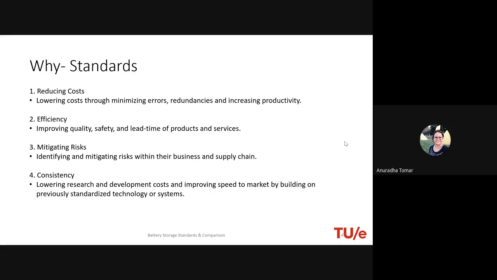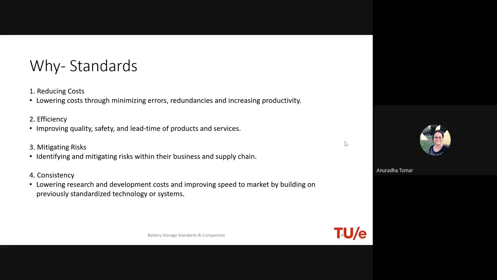Because, for example, in today's scenario or in the coming 10 years, 20 years, if we expect that a certain standard should be developed or upgraded, then based on the already existing standards, we could consider them as a baseline, and then we could just update them as per the requirement of the future.